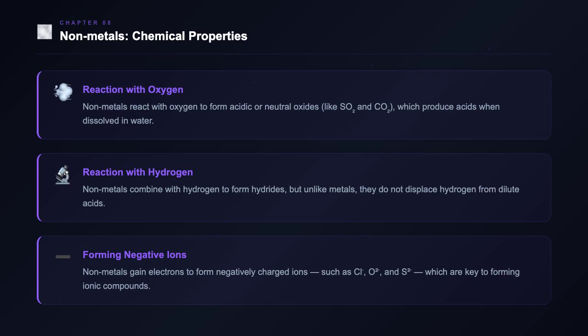Additionally, nonmetals gain electrons to form negatively charged ions, like chloride, oxide, and sulfide ions. These ions are written as Cl⁻, O²⁻, and S²⁻. Nonmetals form acidic oxides, combine with hydrogen to make hydrides, and gain electrons to become negatively charged ions.